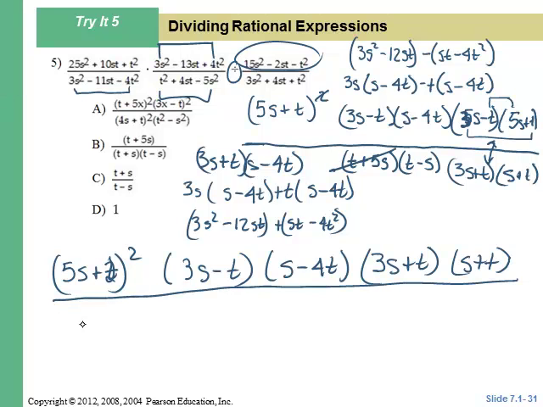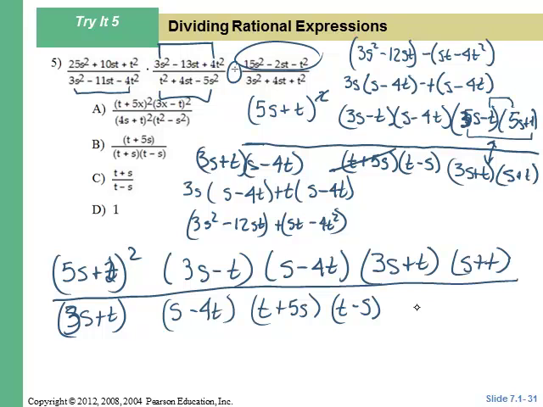over 3s plus t, s minus 4t, t plus 5s, t minus s, 3s minus t, 5s plus t.